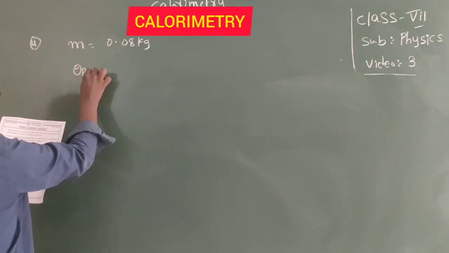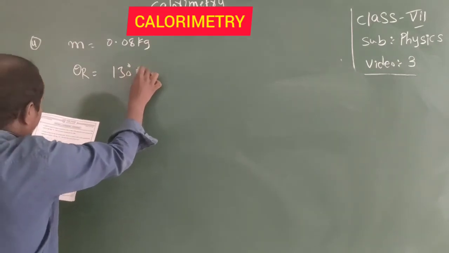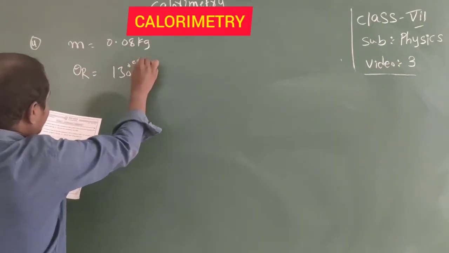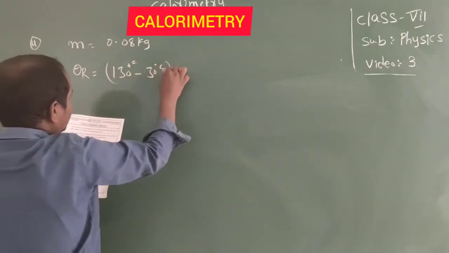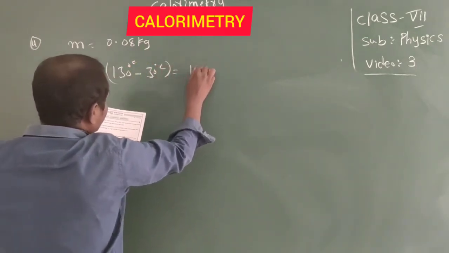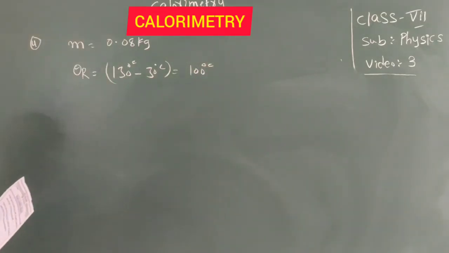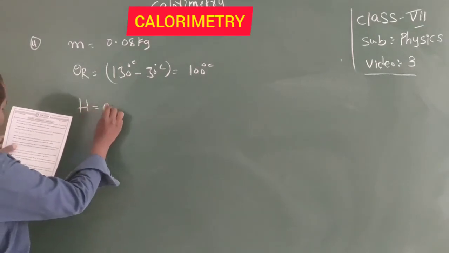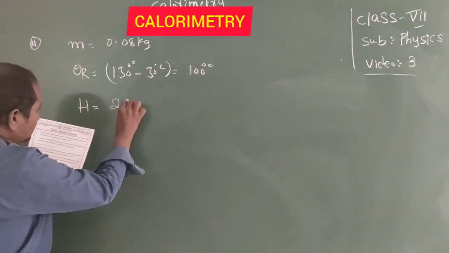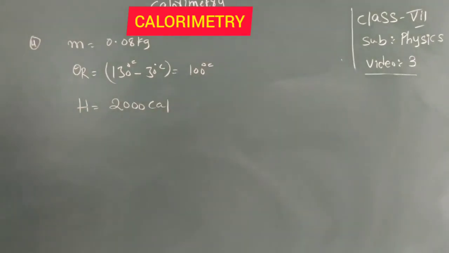So theta r equals 130 degrees Celsius minus 30 degrees Celsius, that equals 100 degrees Celsius. Next, heat energy is given. Heat energy equals 2000 calories.